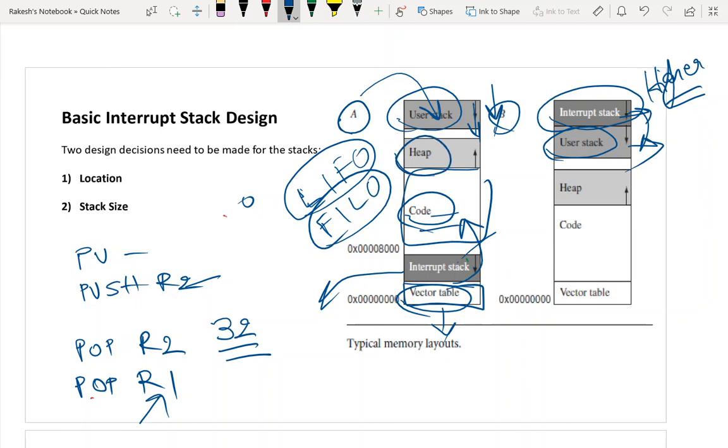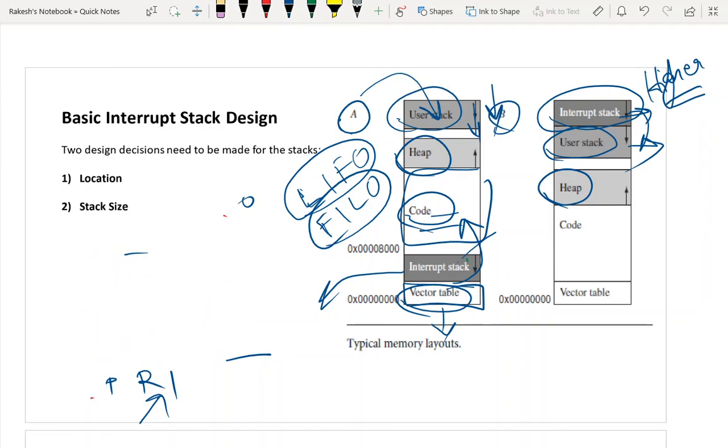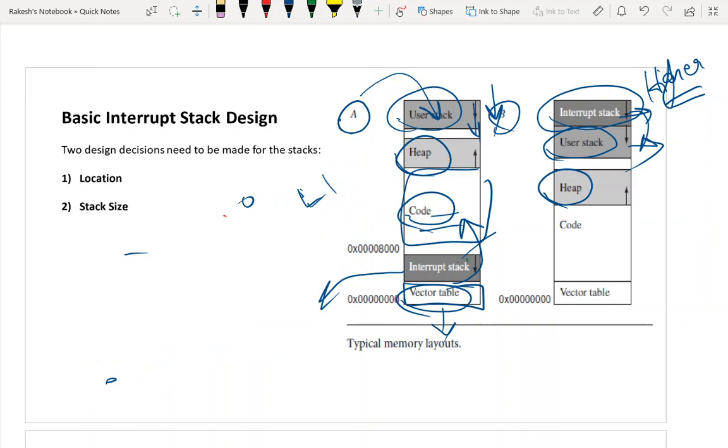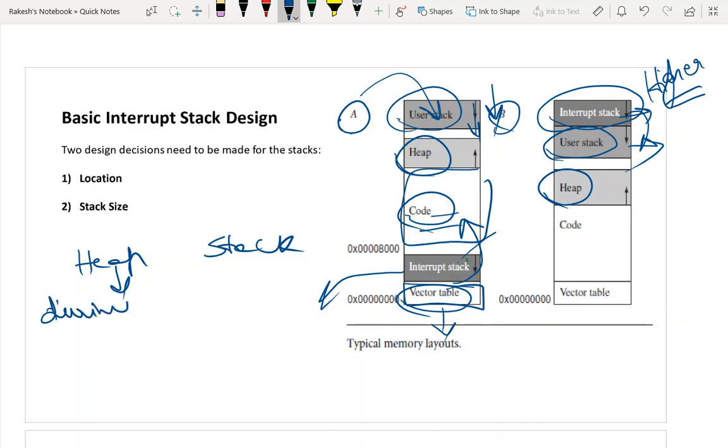Then what is this heap that you have? Heap is similar to the stack, but let me write two differences. Heap is more of during program execution.